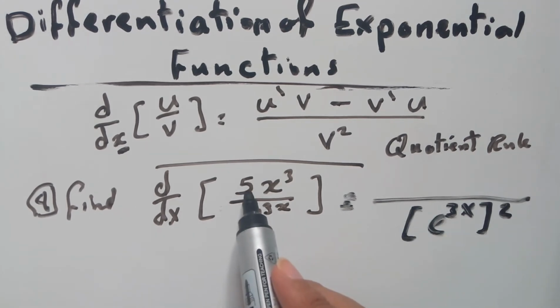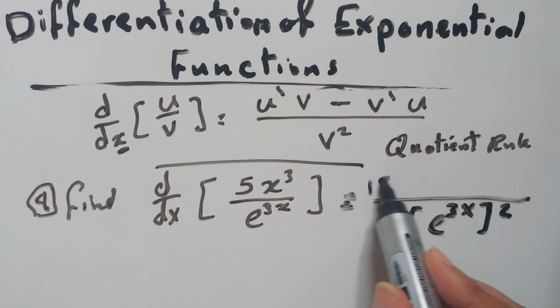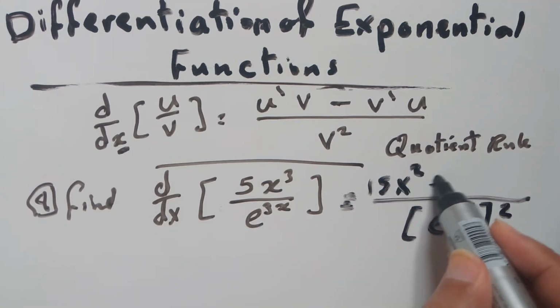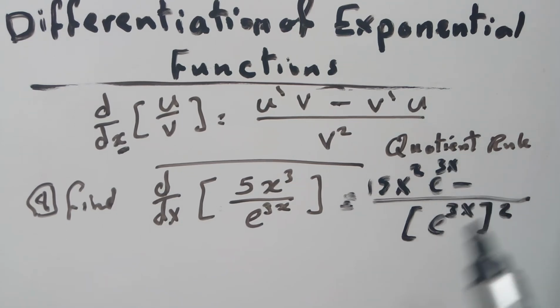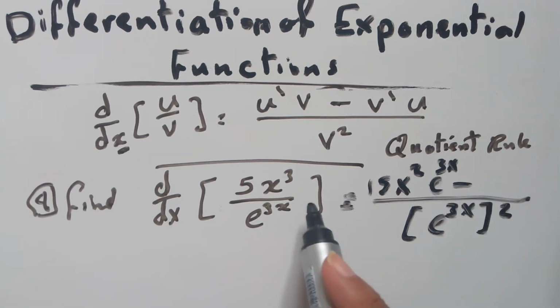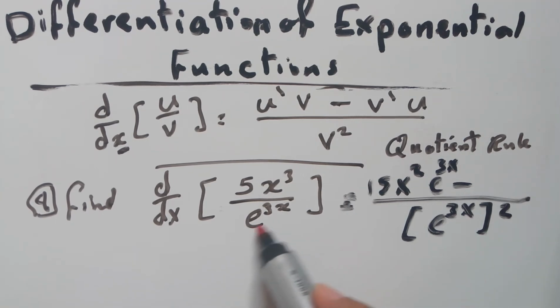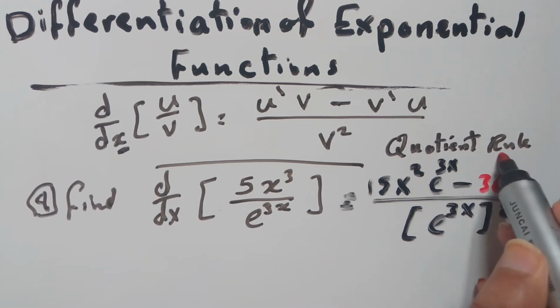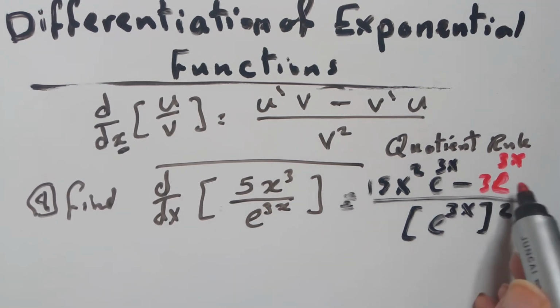The derivative for the numerator here, it will be 15x to the power 2. Multiply down here, e to the power 3x, subtract. The derivative for e to the power 3x, it is e to the power 3x multiplied by the derivative of its exponent. It will be 3 e to the power 3x multiplied by what?